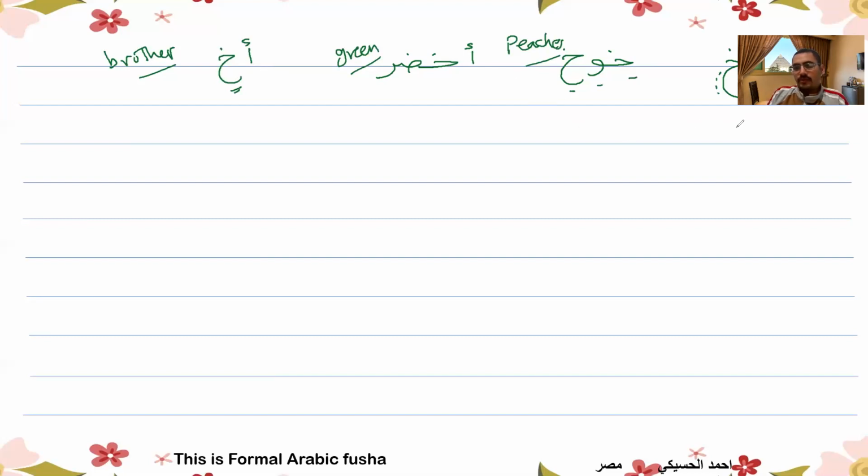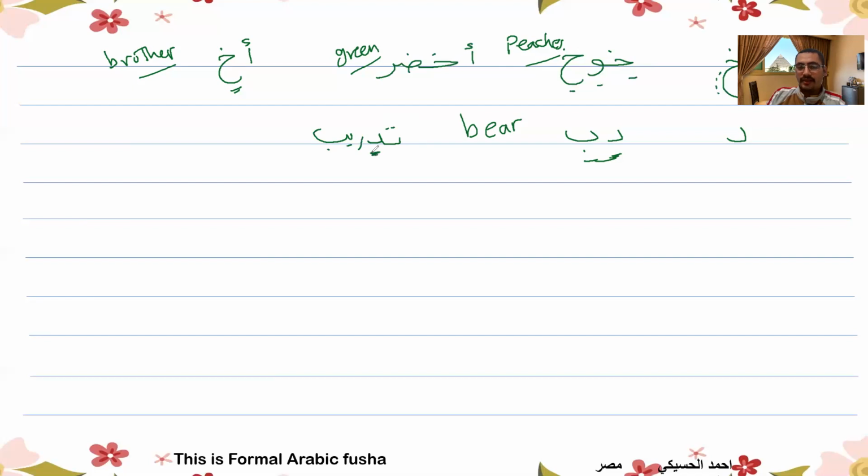Letter دال. دال as in دب. دب means bear. They are not joined after it. Joined with the next? No, not joined with the next. But it can join with a letter before it, as تدريب, which means exercise.